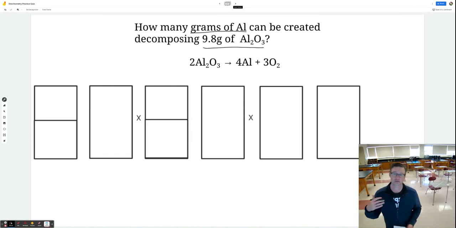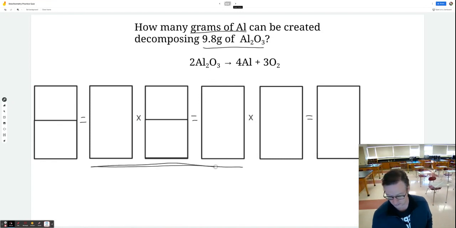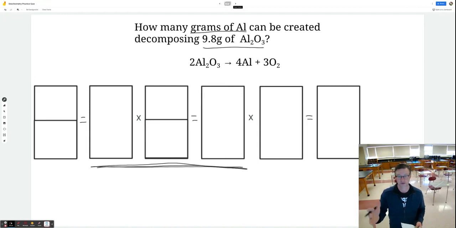So if you're starting with grams and you need to end with grams, now we have more steps to the problem. So here's that 3-box set that we had in the first problem. This is the mole conversion step. But we have an extra piece at the beginning because we didn't get moles, we got grams.